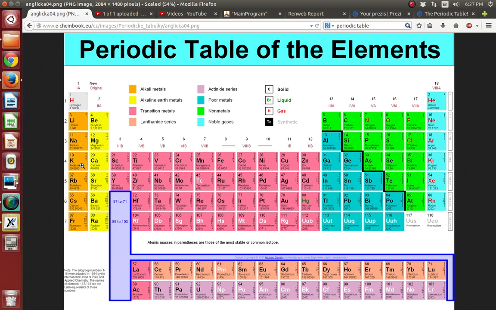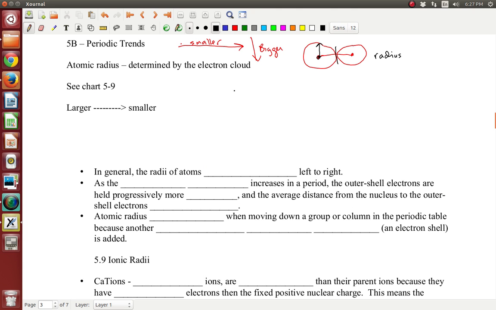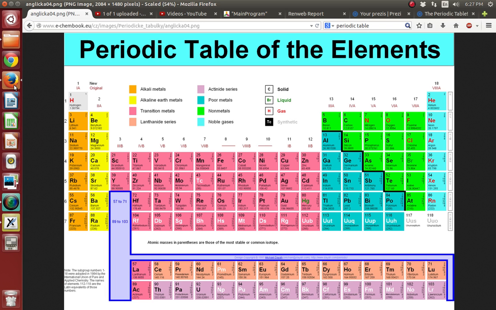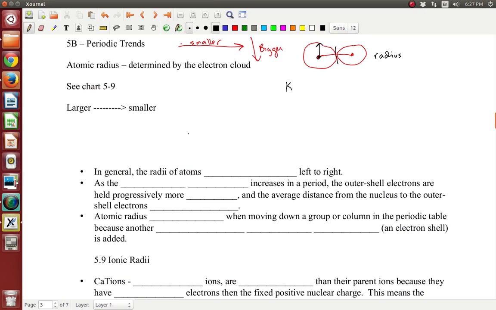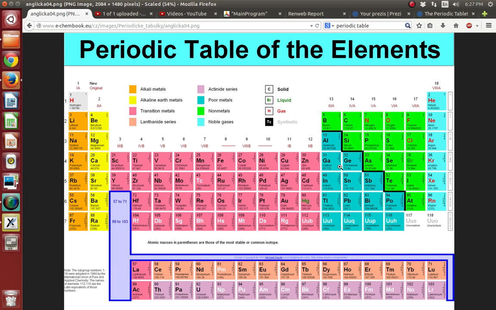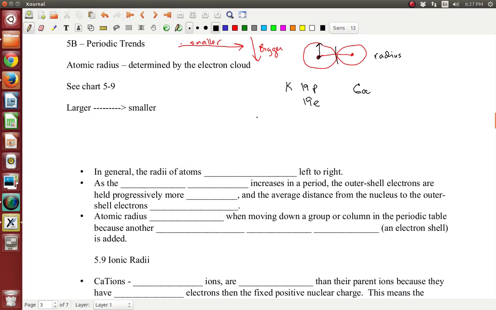And we can see that here. We have potassium with 19 protons and electrons, and gallium with 31 protons and electrons. And gallium is actually smaller in radius than potassium. And why is that so? It's smaller because potassium has 19 protons and electrons, and gallium has 31 protons and electrons.